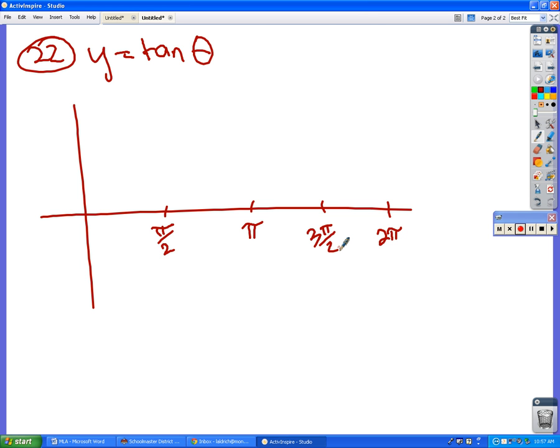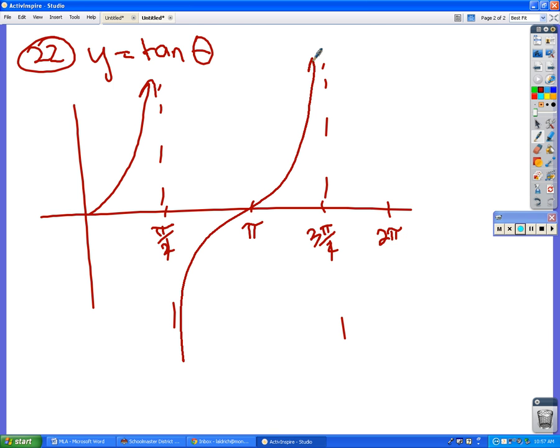The regular old standard tangent graph has a vertical asymptote at pi over 2 and at 3 pi over 2. Okay? And it starts at 0 and goes up. And then makes this little shape here. And makes this one half of it here. So that's the graph of the tangent function, and you should know what that looks like generally.